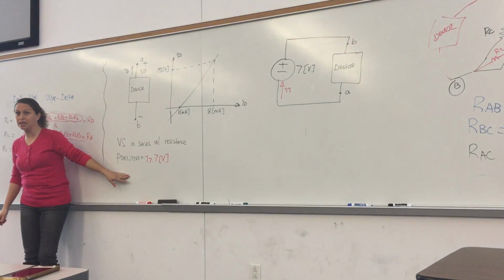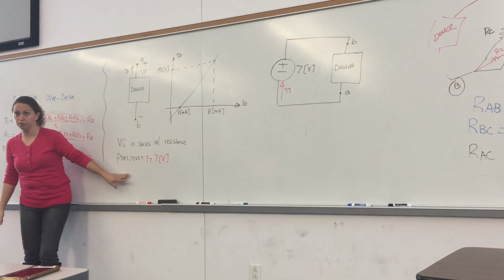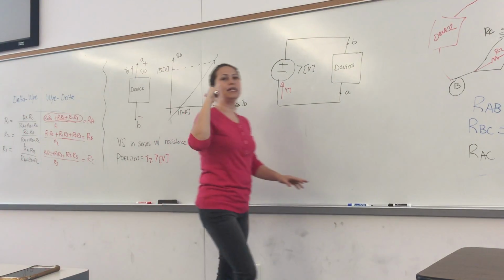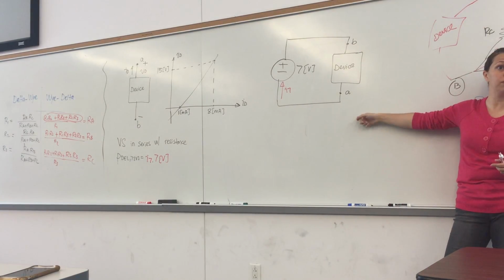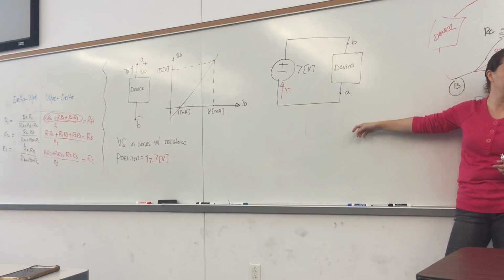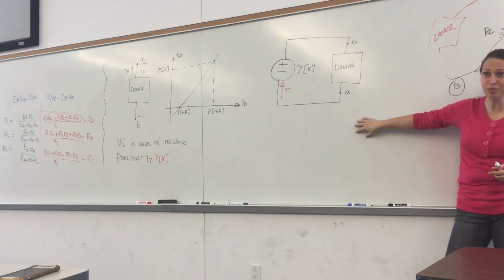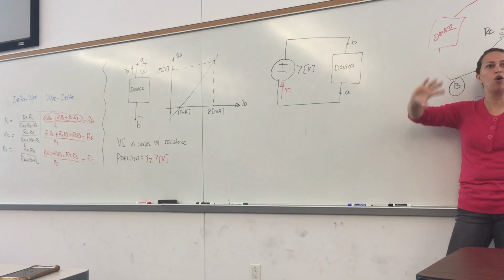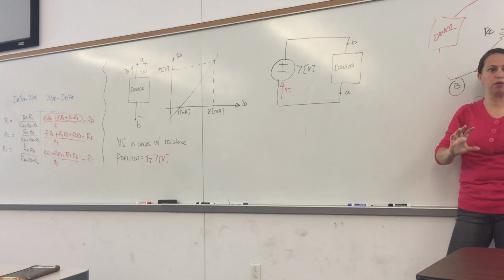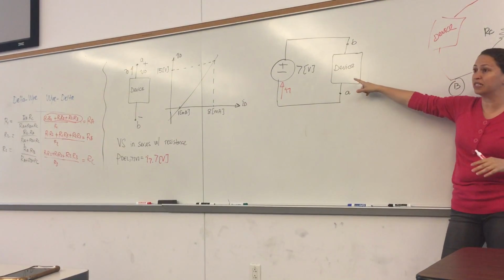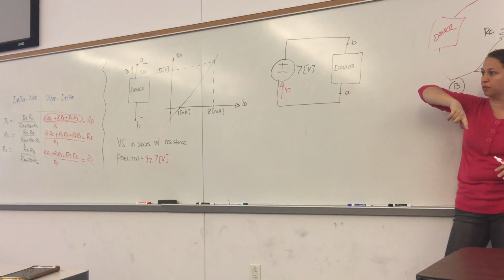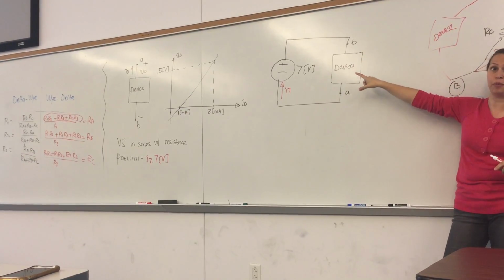Do I know what I7 is? The question we looked at previously was connected to a more complicated circuit, so you wouldn't be able to tell exactly the voltage across the device. But over here you can.